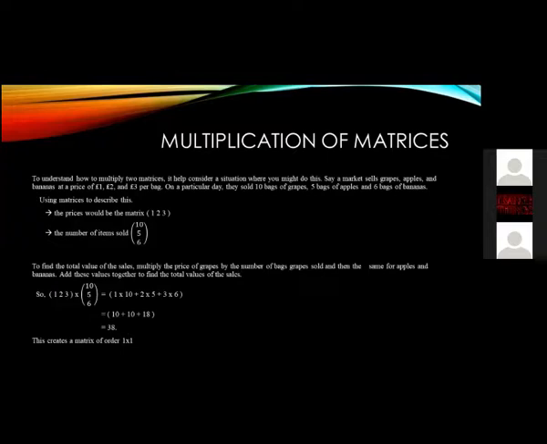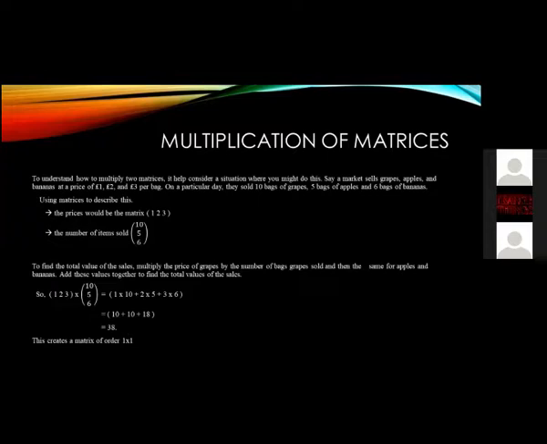To find the total value of the sales, multiply the price of grapes by the number of bags of grapes sold, and then the same for apples and bananas. Add these values together to find the total value of the sales.